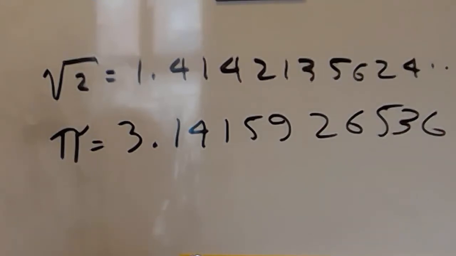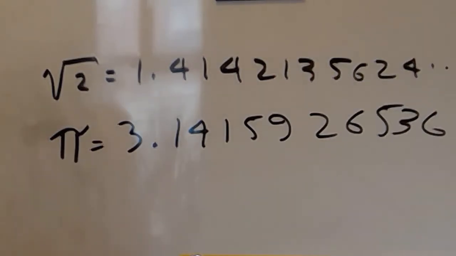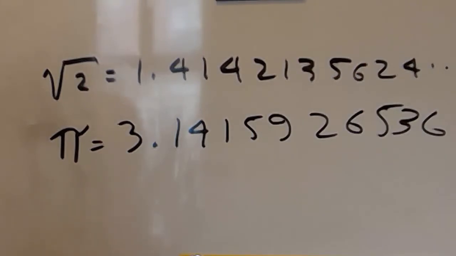This is as much as my window tells me, and my window may or may not be rounding that off, because the last number on your calculator could be a round off. As we see, this does not terminate, nor is there any clear-cut pattern.